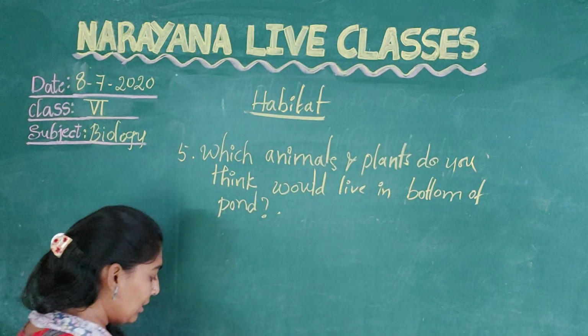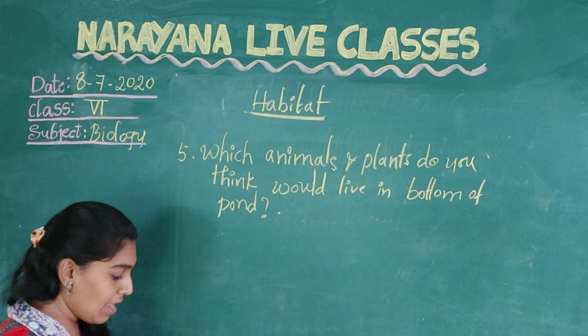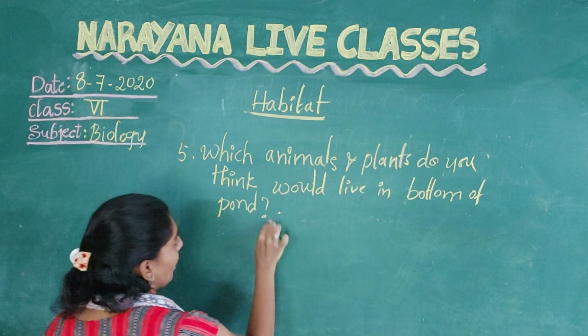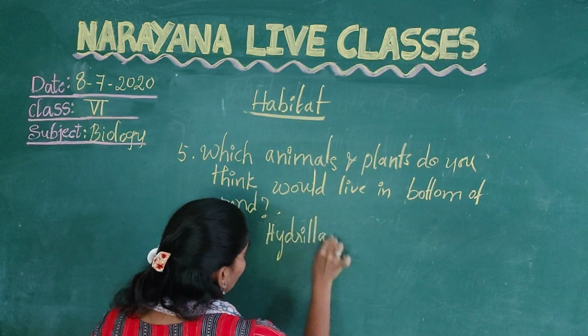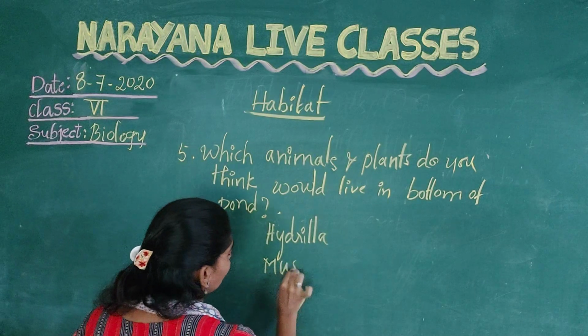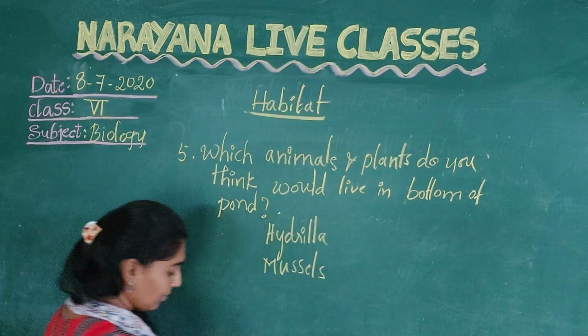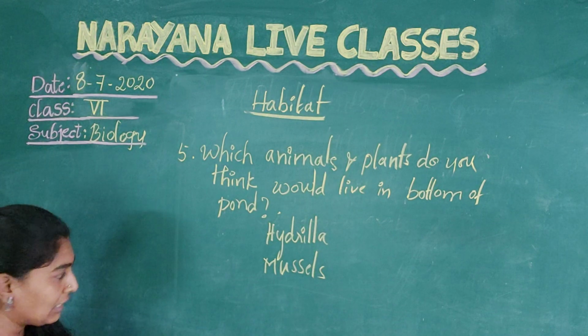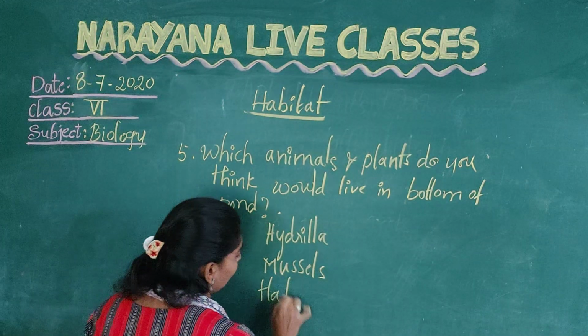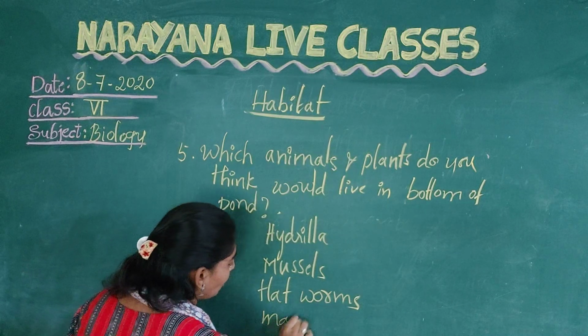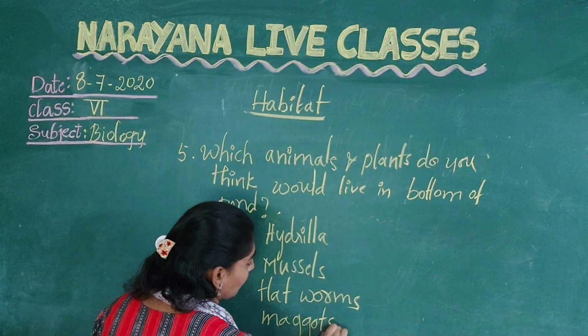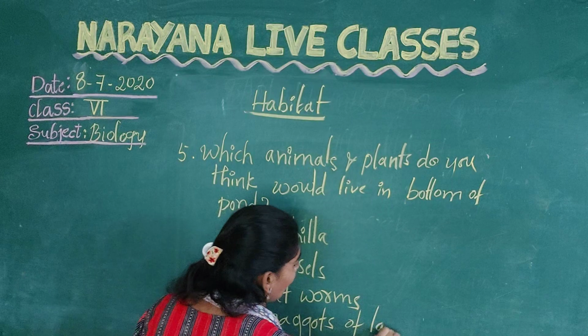So what are the plants and animals? The plants like hydrilla and the animals like mussels, flatworms, and maggots of larvae.